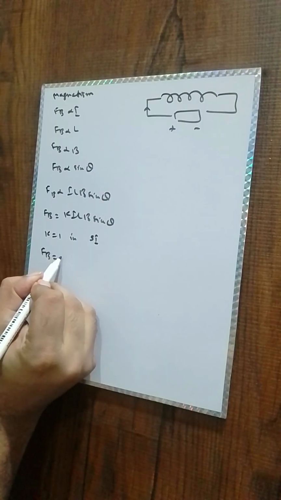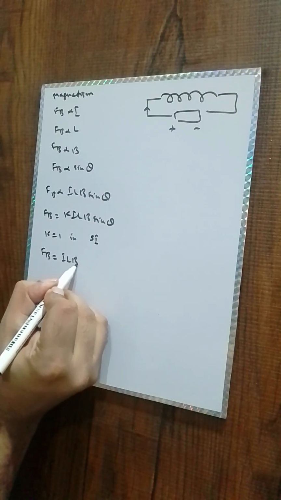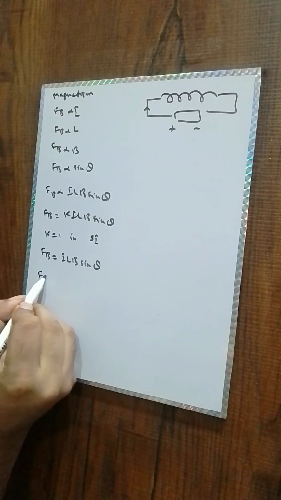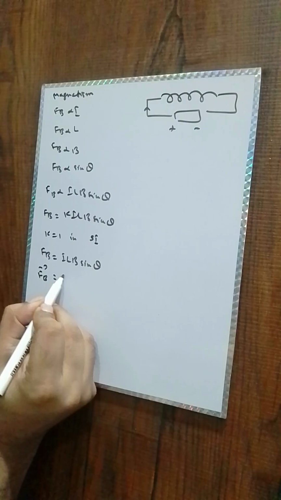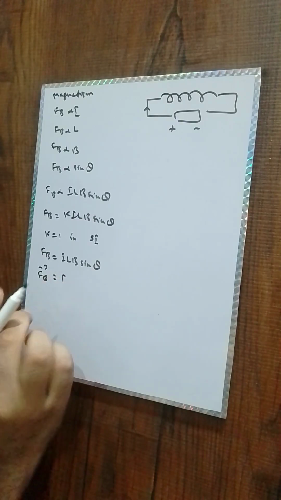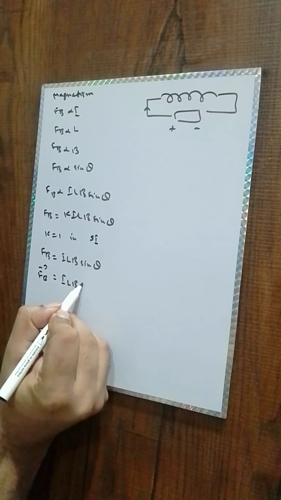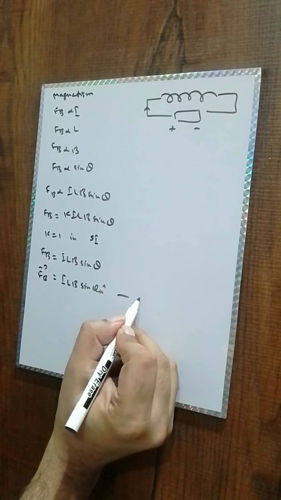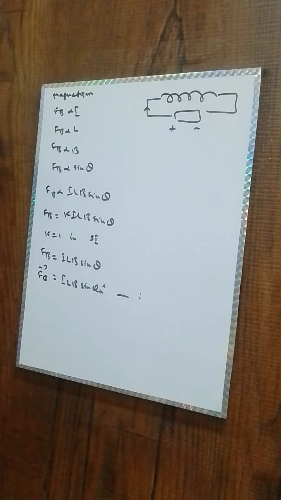So F_B is equal to I L B sine theta. And in the vector form, we have I L cross B, sine theta n cap. So this is the form here.